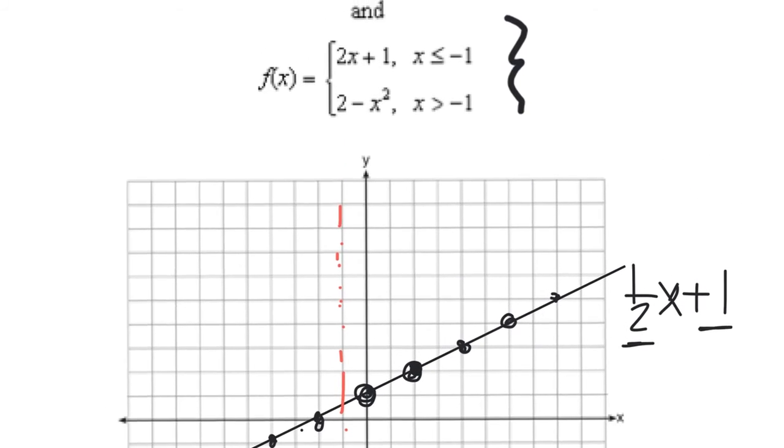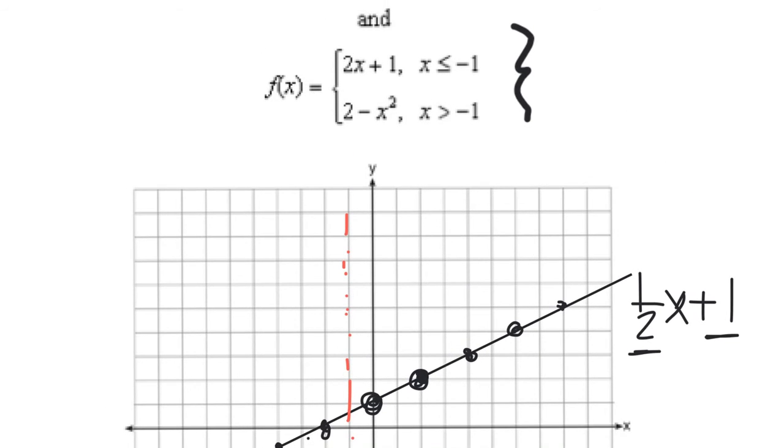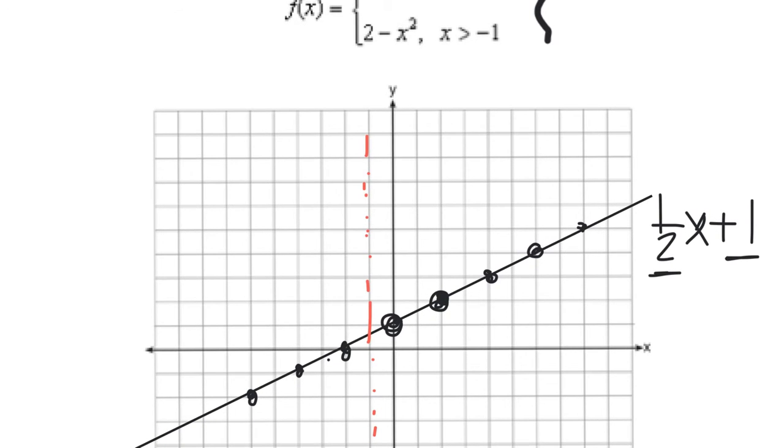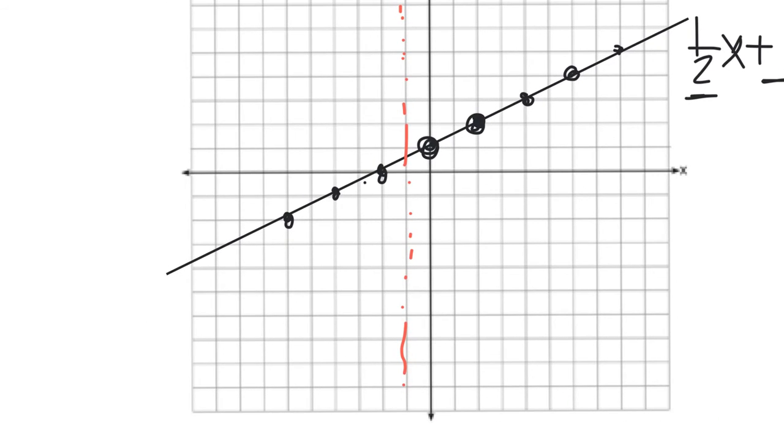So now when f of x, or when x is less than or equal to negative 1, our equation is 2x plus 1. So for example, when x is negative 1, we would do 2 times negative 1, which is negative 2, plus 1. And that would get us a y value of negative 1.